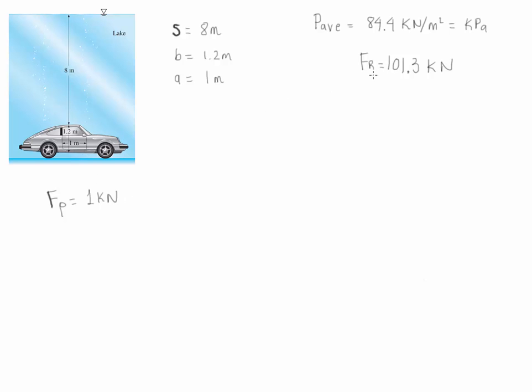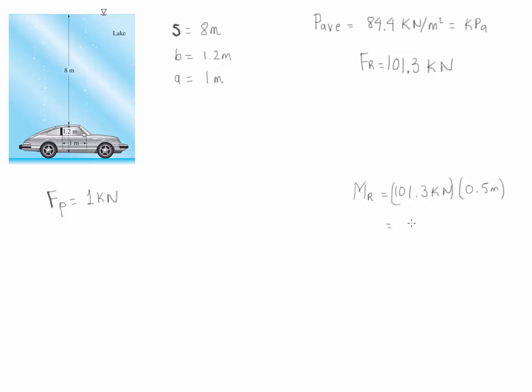The force that is being applied is right on the centroid in the x-axis. So the moment that this force creates about the hinges is equal to 101.3 kilonewtons times the distance from the center to the hinge, which is about 0.5 meters.